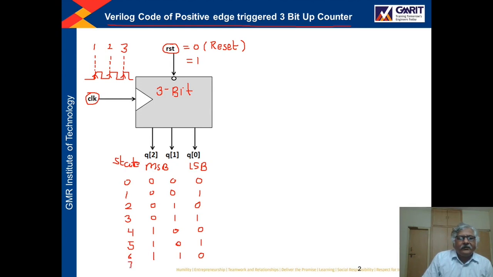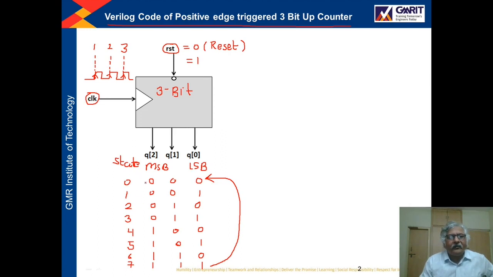Then with the next positive edge of the clock, the counter will go to 1 1 1, and this is the last state of this 3-bit counter. After this state, if another positive edge of the clock is detected, then from this last state, the counter will go to state number 0.